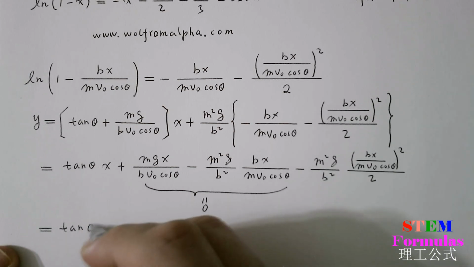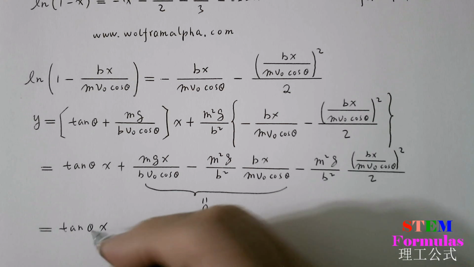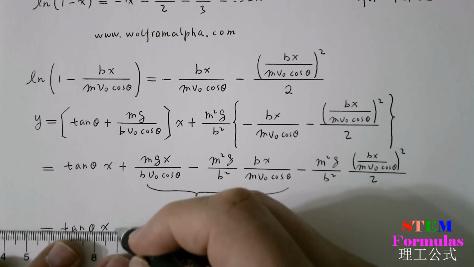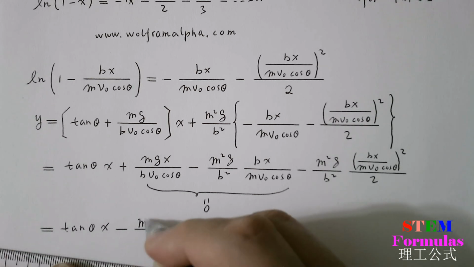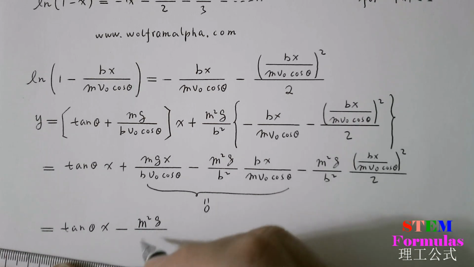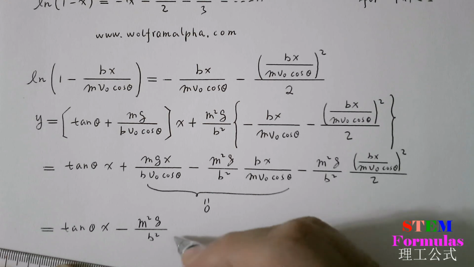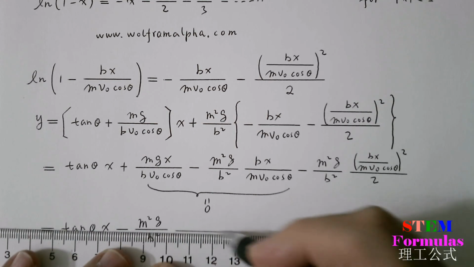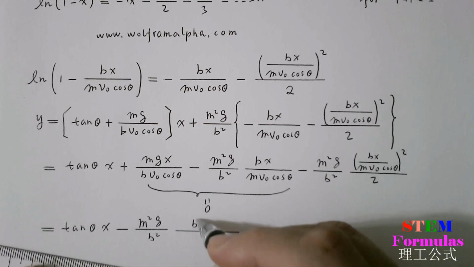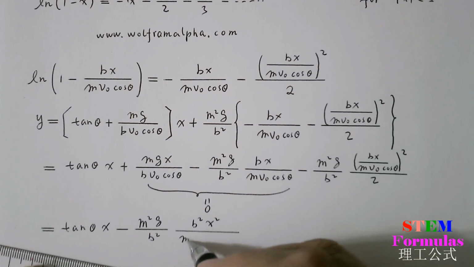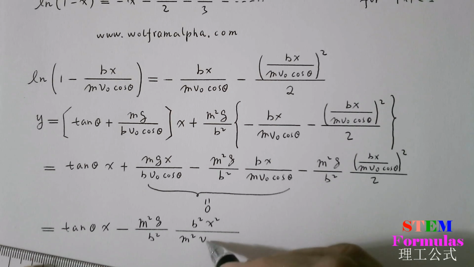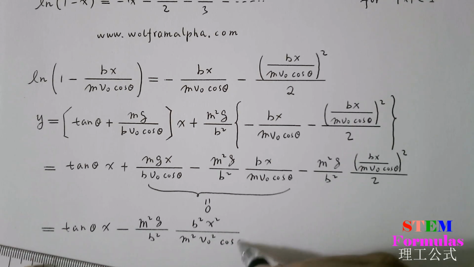Tangent theta times x minus m square g divided by b square times b square x square divided by m square v0 square cosine theta square and 2.